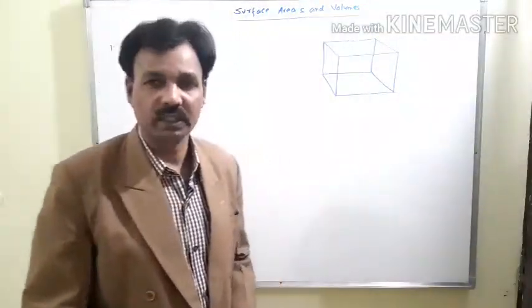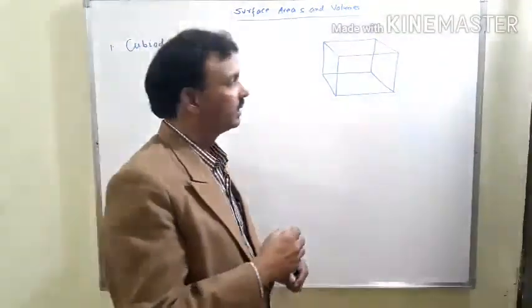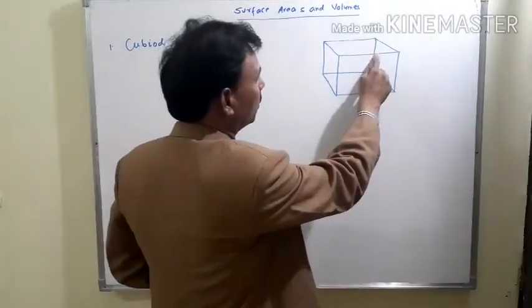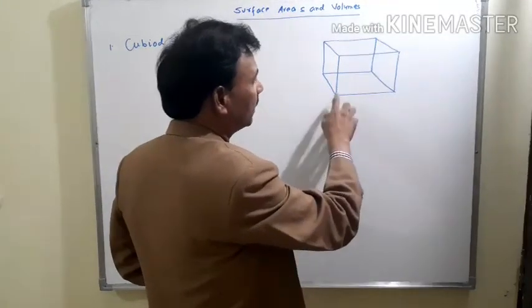So there are 6 faces and there are 8 vertices, that means 1, 2, 3, 4, 5, 6, 7, 8.